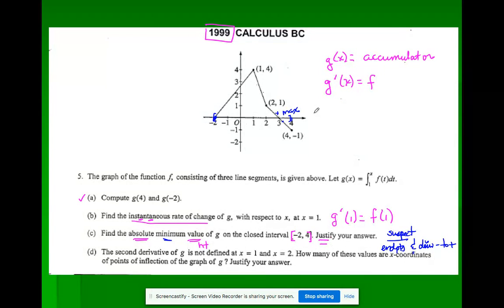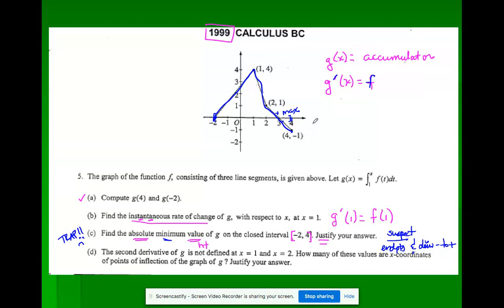Now the trap is a trap. The trap in this problem, which is not referring to the trapezoidal rule, is that students will say, oh, the derivative does not exist at 1 or at 2. That is not true, right? And what I mean is the derivative of g prime is f, and f exists everywhere on this interval. The second derivative of g does not exist at 1 and 2, right?